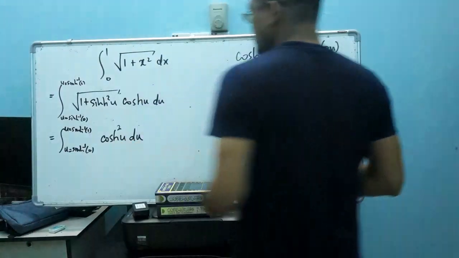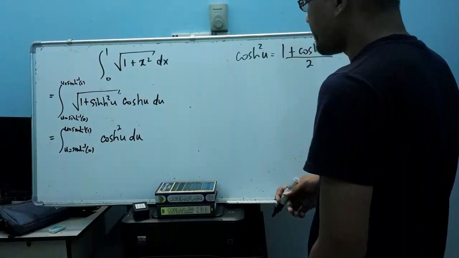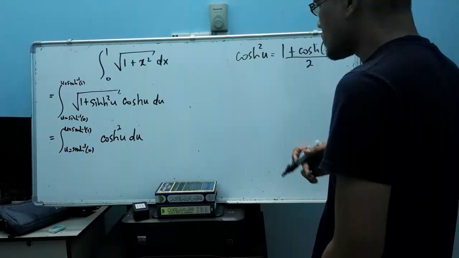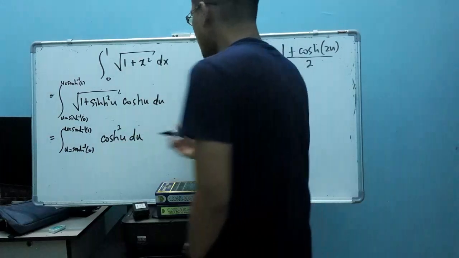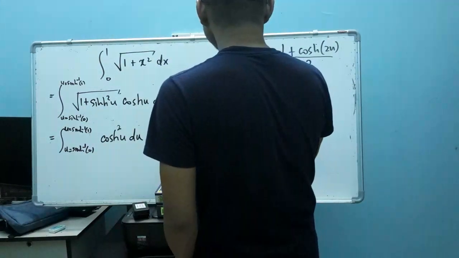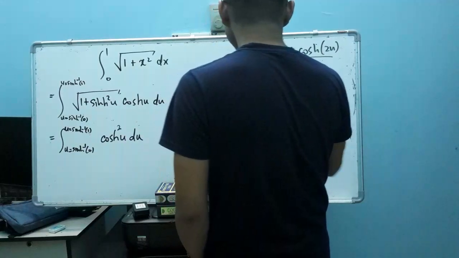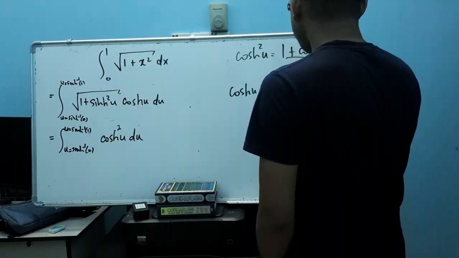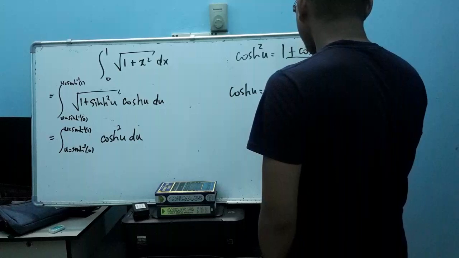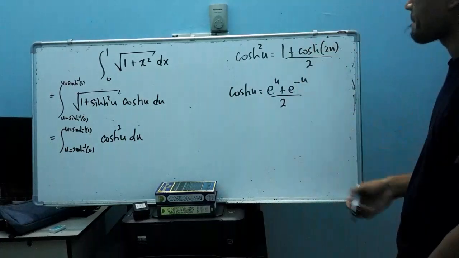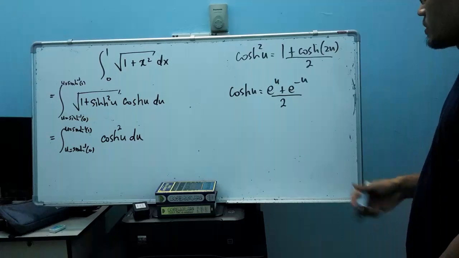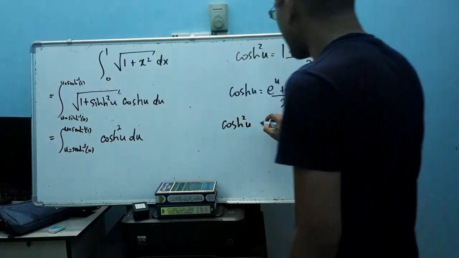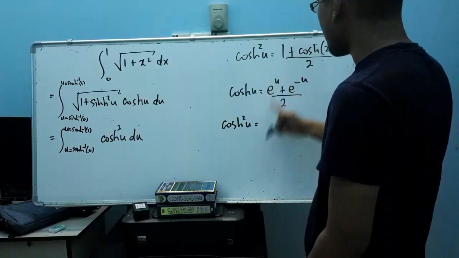Actually, I don't know if this cosh u was already discussed in your previous course or not. Cosh u can actually be written as e to the power u plus e to the power of minus u, over 2. So if I want to find cosh squared u, I need to square this.